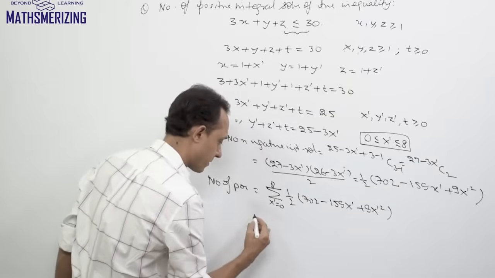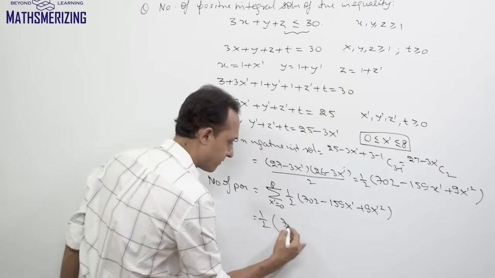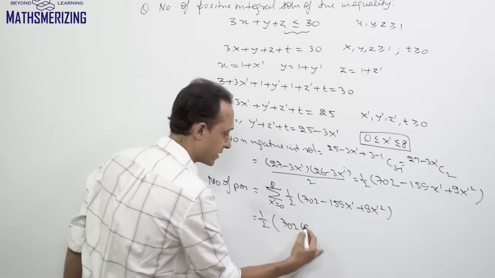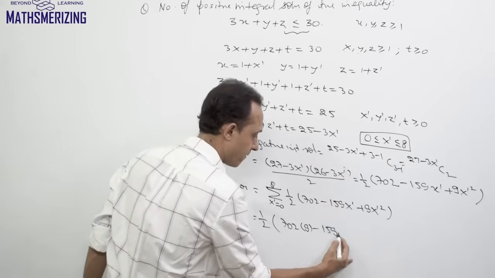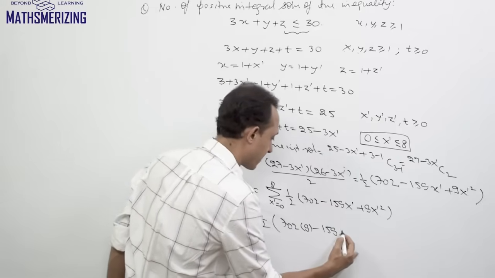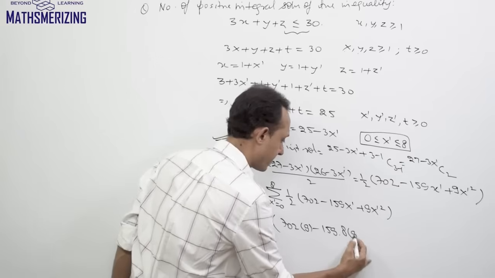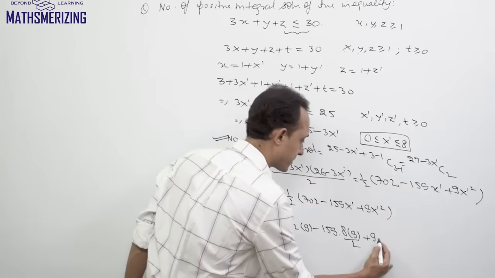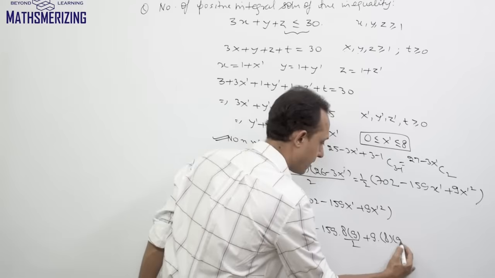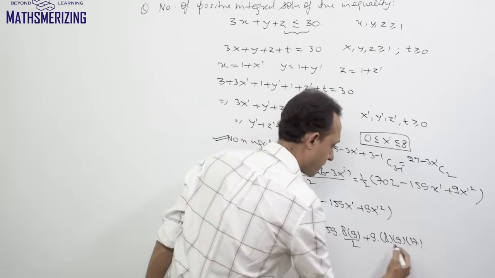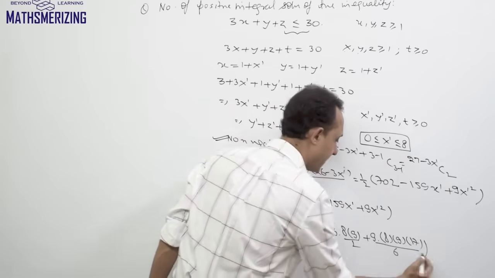So this is 1 by 2 and then 702 and this summation. This summation gives 9, minus 159 times n into n plus 1 by 2, so it is 8 into 9 by 2, and then plus 9 times n into n plus 1 into 2n plus 1 whole divided by 6.